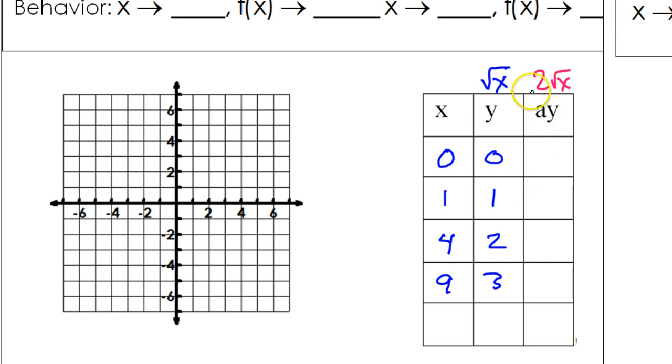That's to remind us that we're going to multiply the A value times the Y values. So 2 times 0, 2 times 1, etc. So 2 times 0 is 0, 2 times 1 is 2, 2 times 2 is 4, and 2 times 3 is 6. Once we have that third column, we can forget about this one. We will use these Y values instead.